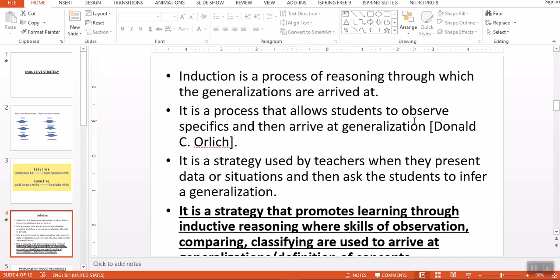It is also a process that allows the student to observe specifics and then arrive at generalizations, and it is also a strategy used by a teacher when they present data or a situation, then ask the students to infer the generalization.